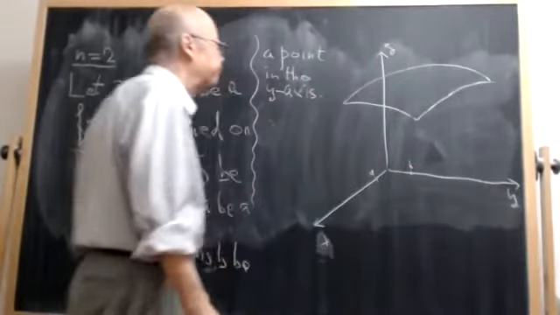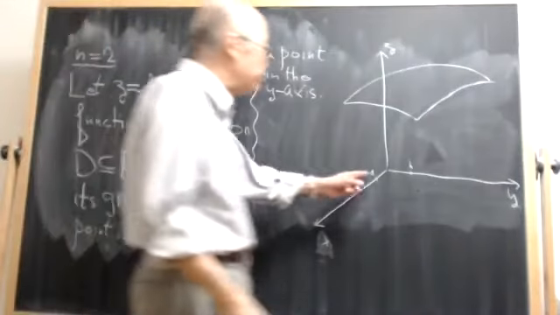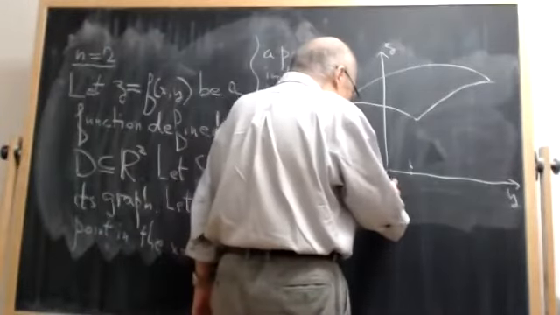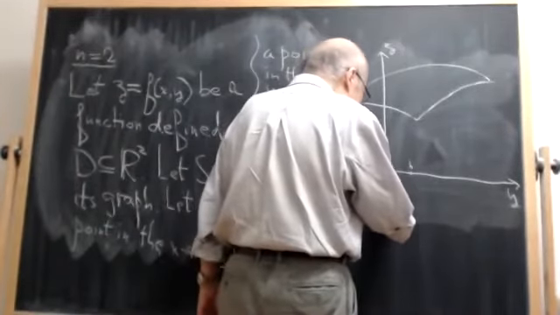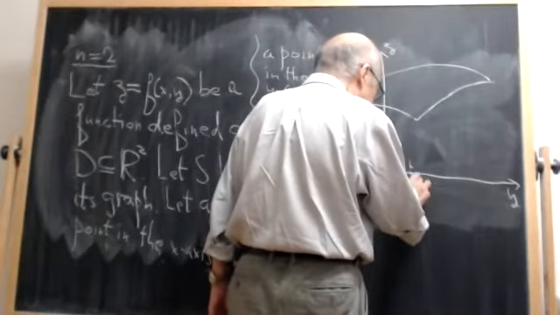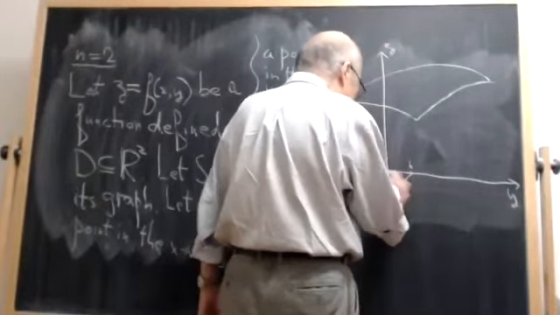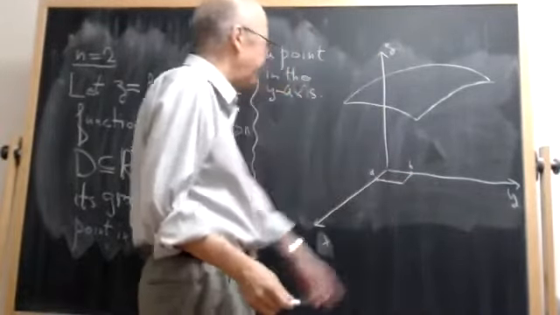And these two numbers determine a point in the xy plane. This is the point AB.